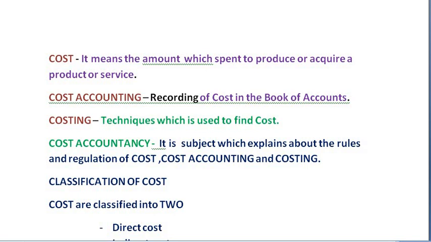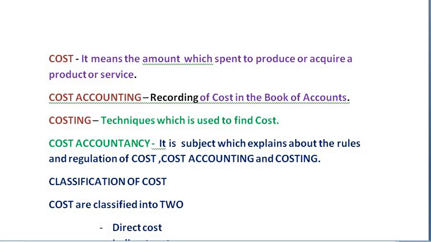We want to know the expenses incurred at each stage, so we calculate the expenses for the particular stage. That is one of the methods we can call the process costing method.